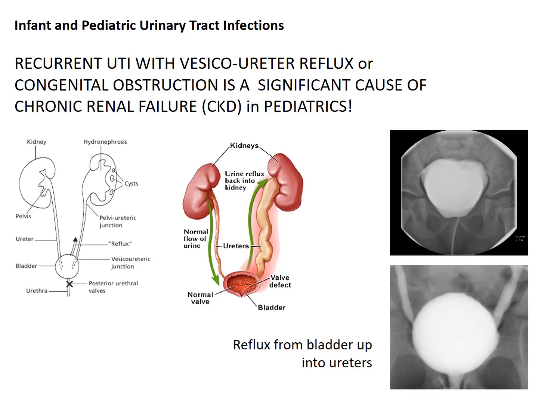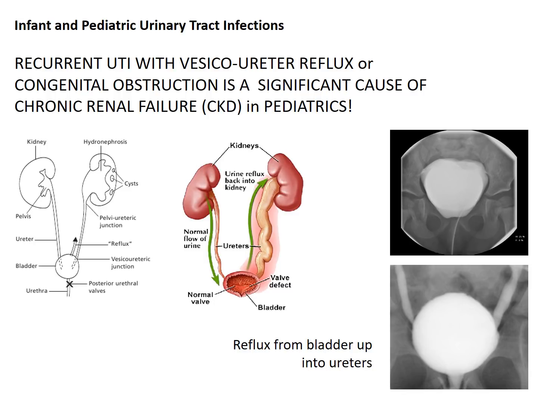So when they void, rather than all the urine going out the urethra, some of that urine will reflux retrograde up the ureters and back to the kidney, leading to hydronephrosis, inflammation, scarring, and eventually chronic kidney disease. CKD, chronic kidney disease, or CRF, chronic renal failure. I think the more appropriate term now is to say CKD, chronic kidney disease.